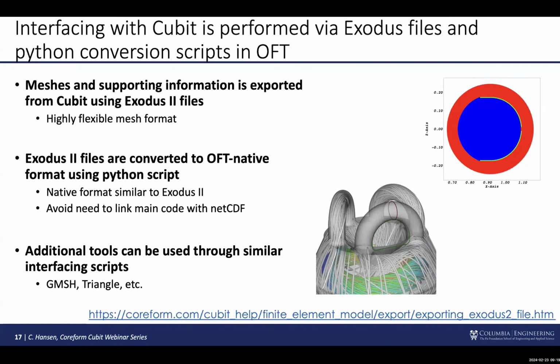And then what we do on our end, and this is essentially just a convenience thing, is some additional pre-processing with Python scripts. So basically we take the Exodus II files and we map them to a native format within the code, which is actually very similar to Exodus II, but the Python script, one, allows us to convert from netCDF to HDF5, so we don't have to link with netCDF, but also allows us to do some reorganization.